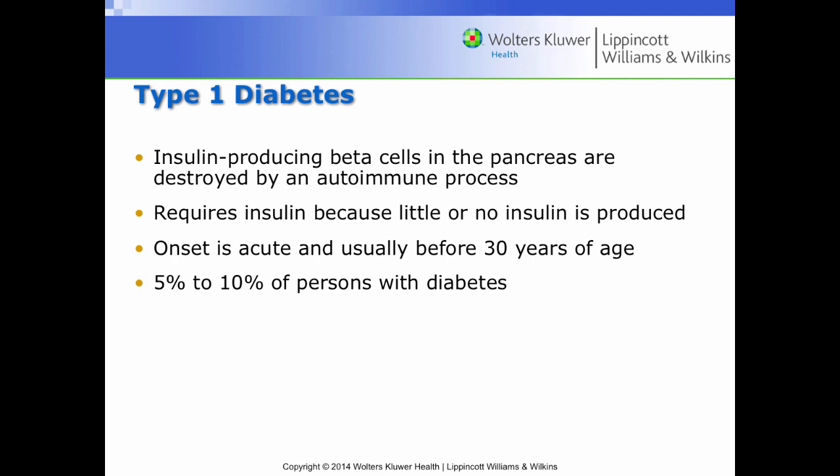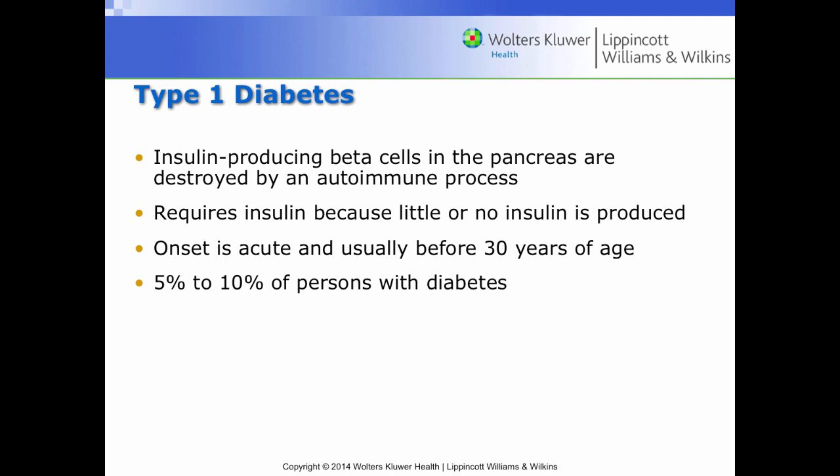Type 1 diabetes. Type 1 diabetes is a form of diabetes that involves what we call an absolute deficiency of insulin, which means that the pancreas is incapable of producing adequate levels of insulin. Okay?